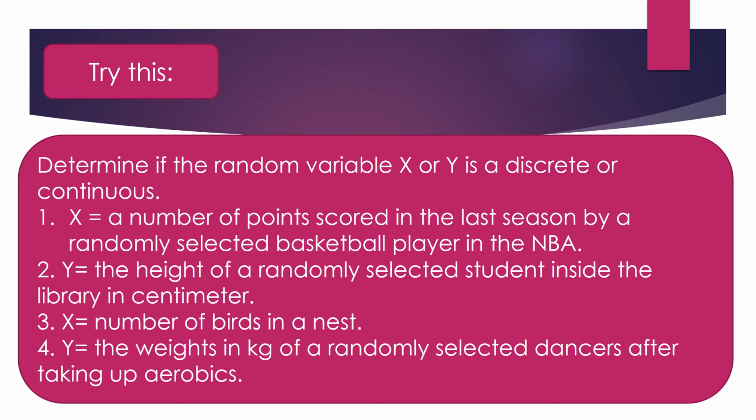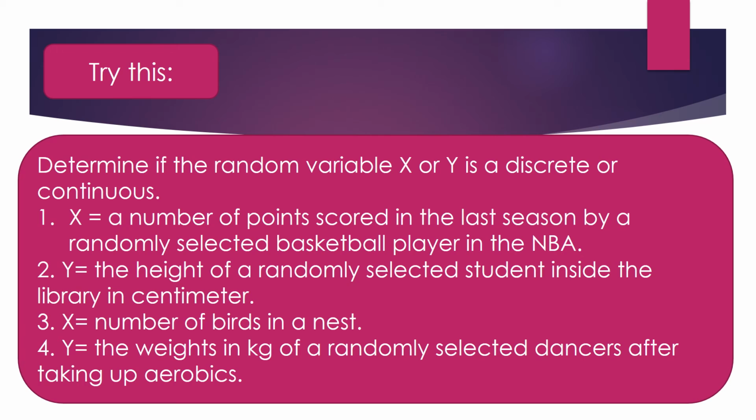Try this. Determine if the random variable X or Y is discrete or continuous. First, we have X, the number of points scored in the last season by a randomly selected basketball player in the NBA. It is a discrete random variable.